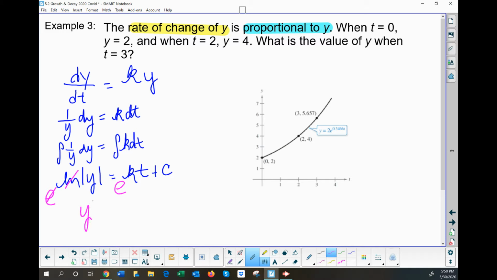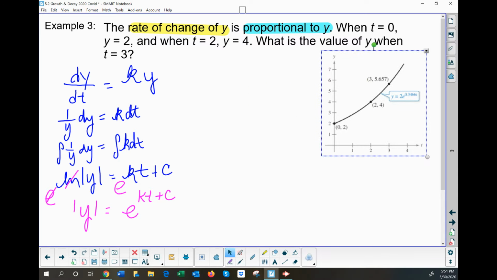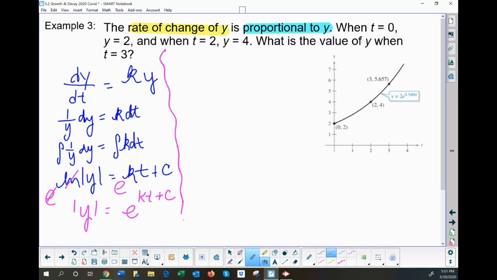Okay, now this is a little bit of a tricky one. Yeah, let's go ahead and find that. I'm trying to decide whether I want to find c yet, but I think we'll travel one more step. E raised to this power is going to be positive, so I'm going to go ahead and release my absolute values.